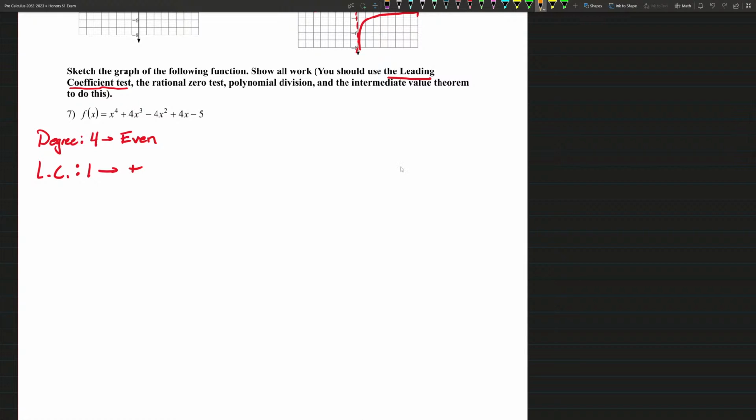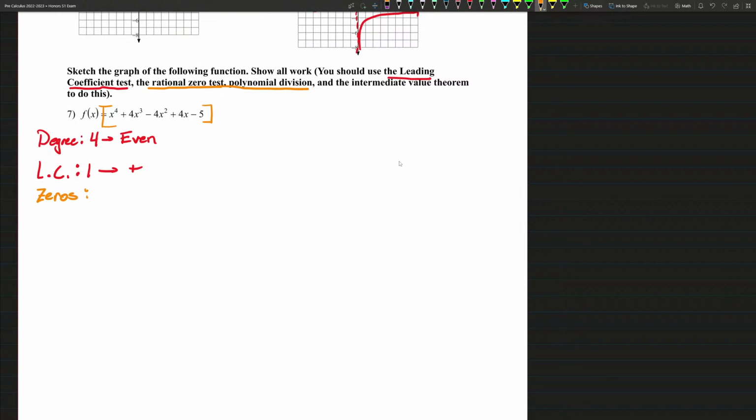Then we need to find the zeros. If you can factor, I will tell you right now, that's not going to happen. So we need some way to find zeros of this thing.